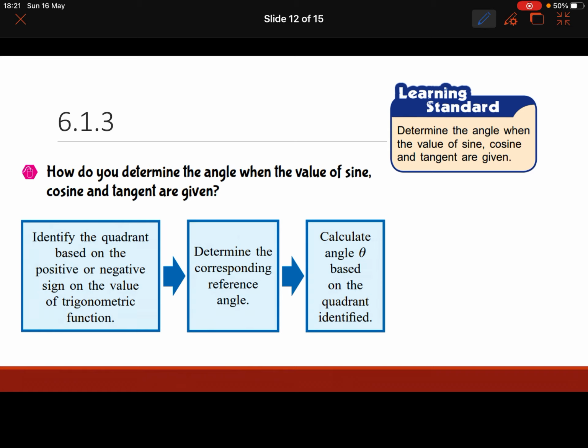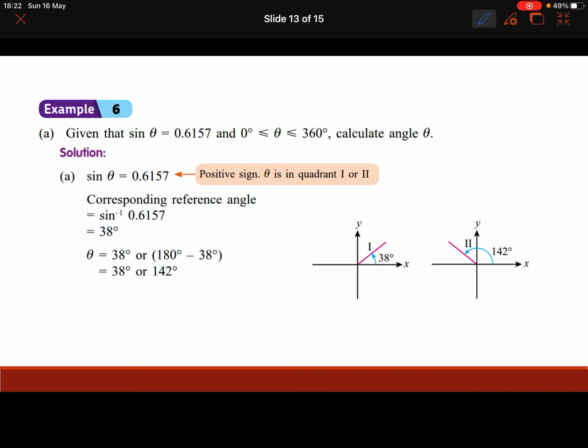Next, determine the angle when the value of sine, cosine and tangent are given. For this one we just use the calculator. Given that sine theta is 0.6157 and theta is in the range 0 to 360, calculate the angle.